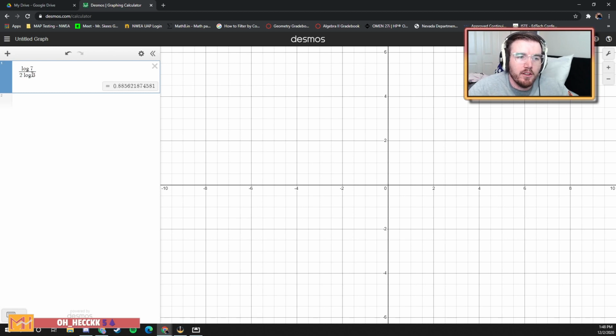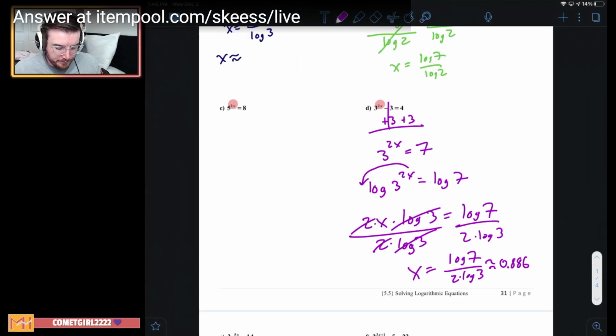If you're just using a regular calculator, you have to be careful about your order of operations. When you divide by the 2, where are your parentheses? I'd encourage you to use Desmos, and you can plainly see here, and I'll go ahead and write that down. 0.88, and that 5 rounds up to a 6 as well. So 0.886. There we go.